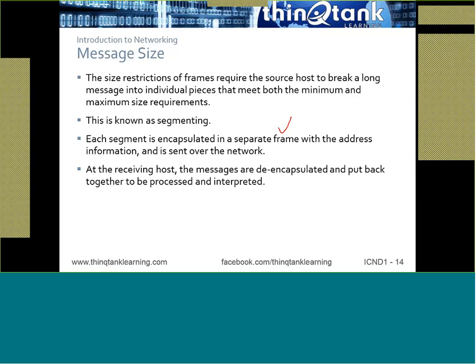And then devices along the path read those headers to make forwarding decisions. All right? We'll see some graphics on that a little bit later on, I think even in this chapter here. All right, at the receiving host, the message is de-encapsulated, meaning we strip off all those headers and we put the data back together. We send it up to the application.